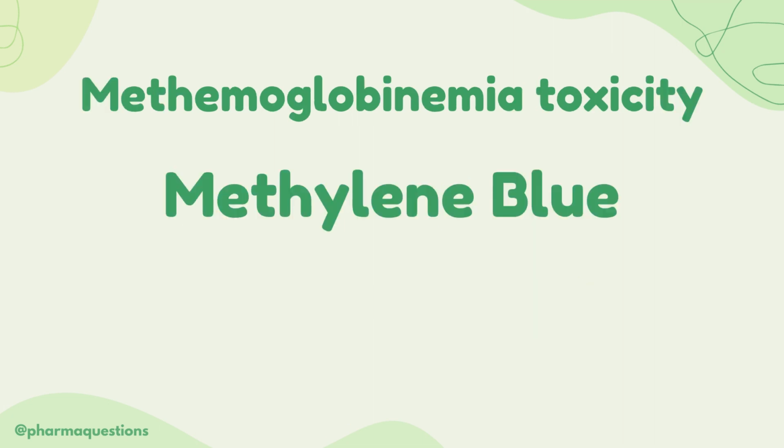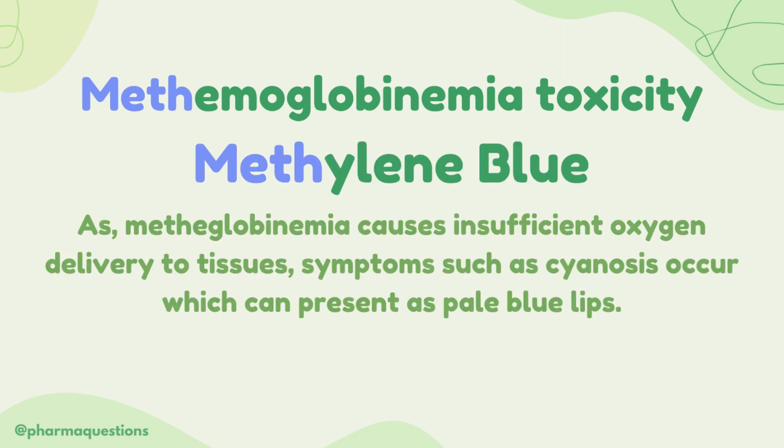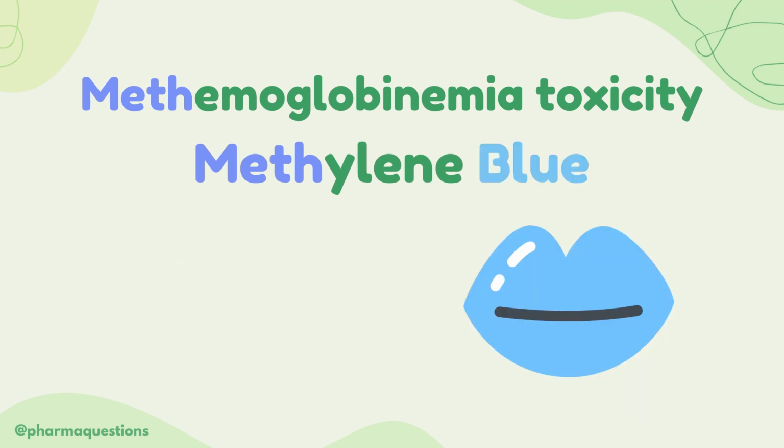The antidote for methemoglobinemia toxicity is methylene blue, and this can be remembered as methemoglobinemia starts with meth and so does the antidote. Also, as methemoglobinemia causes insufficient oxygen delivery to tissues, symptoms such as cyanosis occur, which can present as pale blue lips, once again linking this to the antidote name, methylene blue.